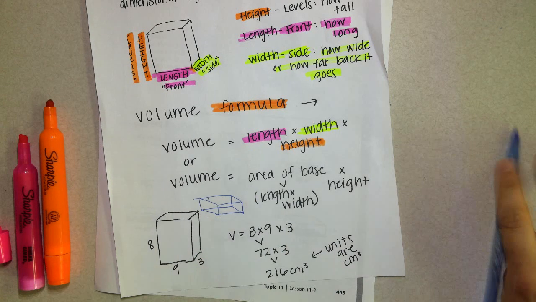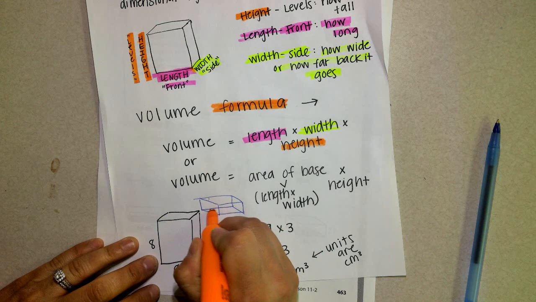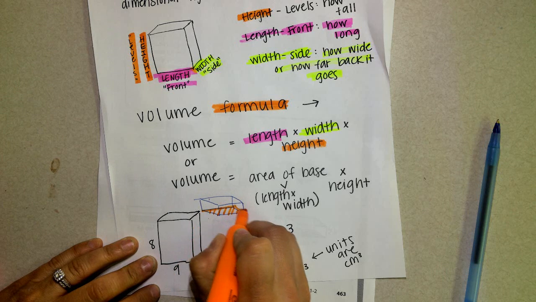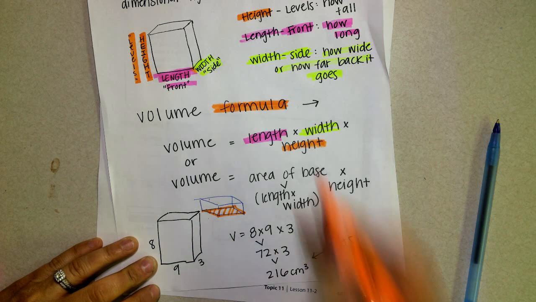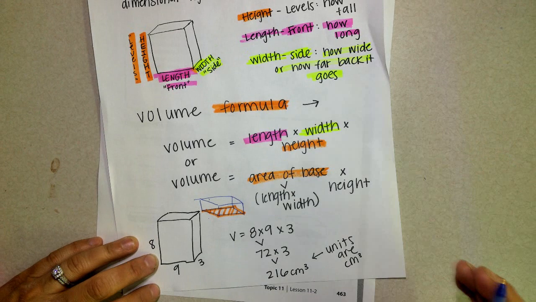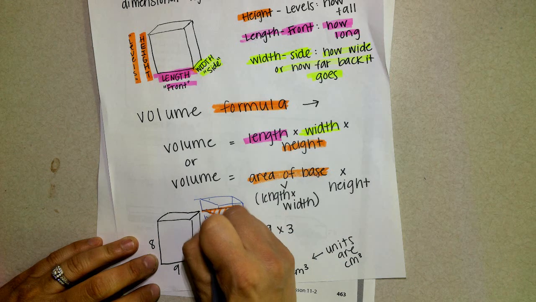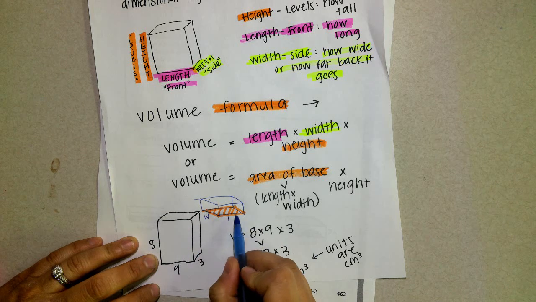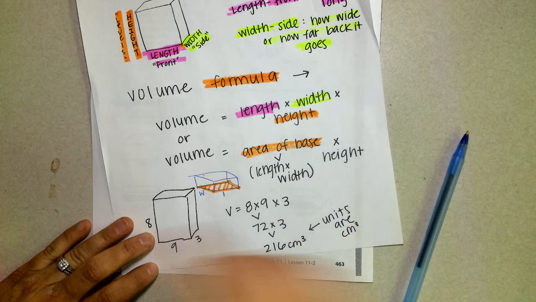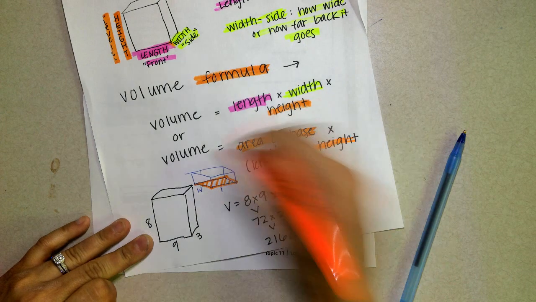They'll say the area of the base, whereas like this right here is the base of the figure. So they'll say you can find the area of the base, which is doing your length times width, just like when we found areas of squares. And then once you find that, they say, okay, then do your height, which would be here.